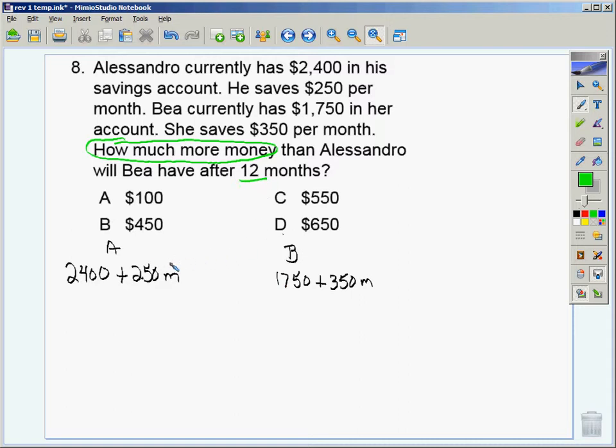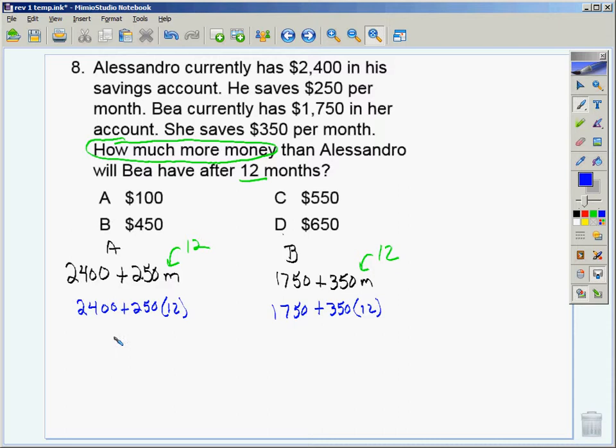They said after 12 months. So in each one of these, I'm going to replace the M that I've put in there with 12. I have 2,400 plus 250 times 12. I have 1,750 plus 350 times 12.